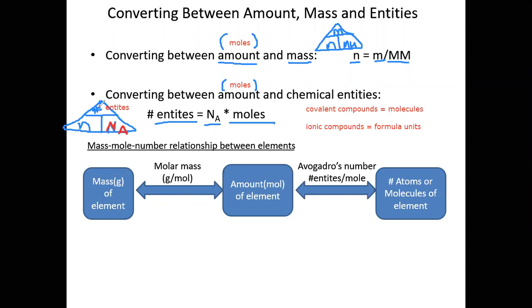So if you want to find moles, you take entities divided by Avogadro's number. If you want to find entities, it's moles times Avogadro's number.